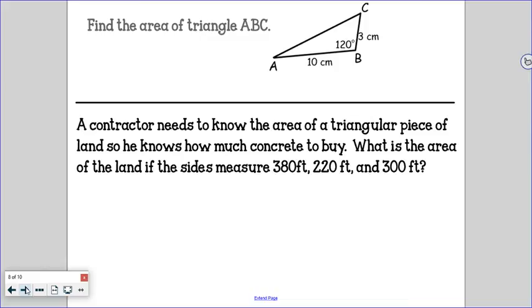When your guys' table agrees on an answer for the first one, will you just put your setup and answer on the board for me, please? And how about when your guys' table agrees on an answer for the second one, if you'll just put your setup and answer on the board for me, please?